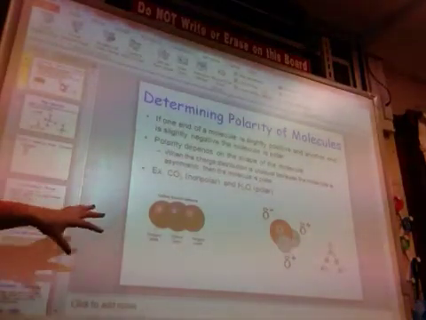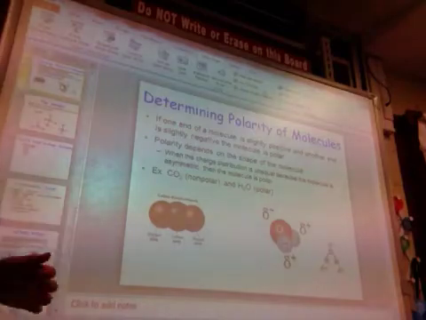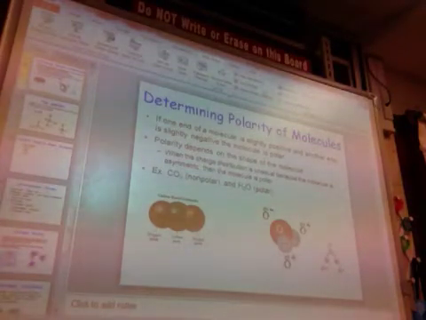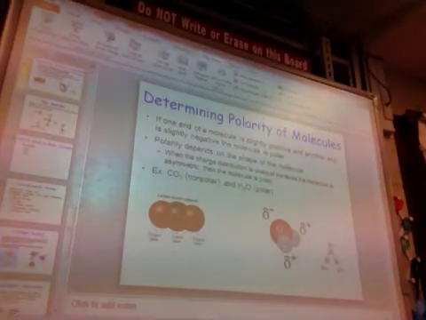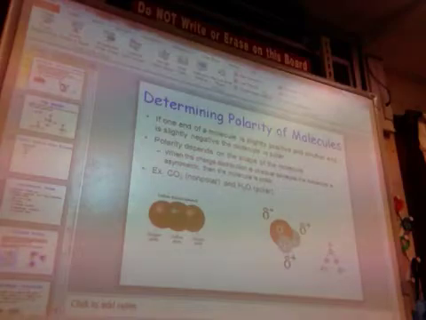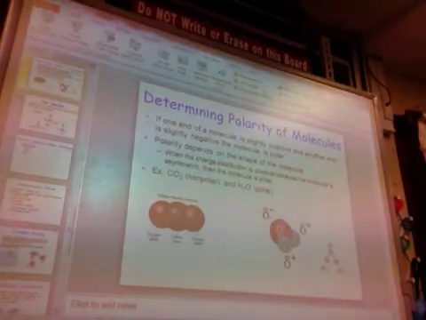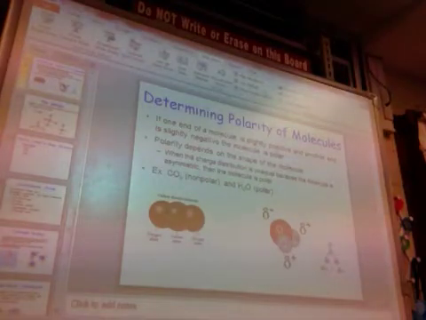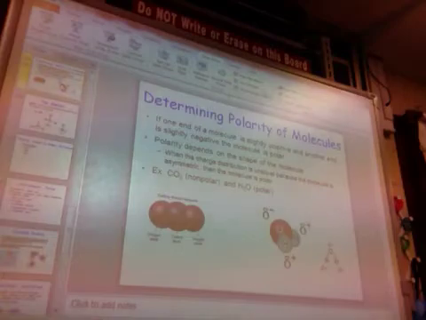So we left off on this slide. We left off on determining polarity of molecules. Now, we know that we can determine if a bond is polar or nonpolar, and that's just specifically looking at bonds. We also need to determine if a molecule, an entire compound, can be polar or nonpolar.